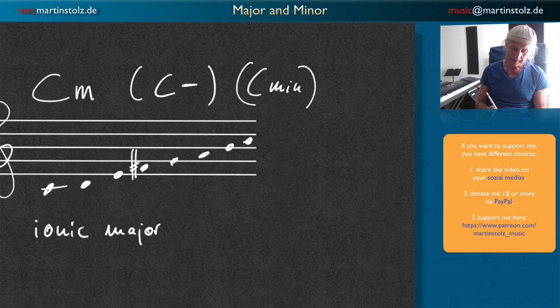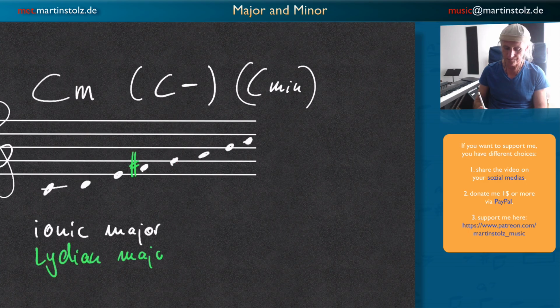I played now, I just changed the color, so it's more obvious what I did. Then I have the Lydian major scale. And if I do this now, I have the Lydian B flat 7 scale, which is a very common scale in jazz.